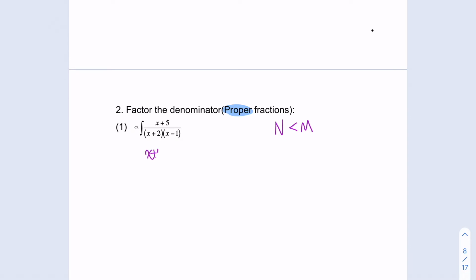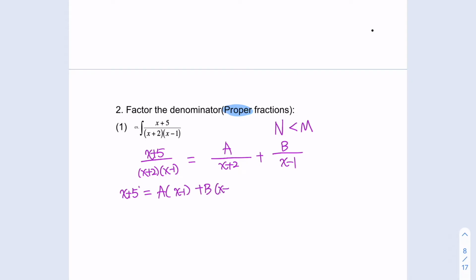So x plus 5 over x plus 2 times x minus 1 equals a over x plus 2 plus b over x minus 1. Next, we just need to solve for a and b. Same thing: we multiply everything by the least common denominator, so a times x minus 1 plus b times x plus 2.